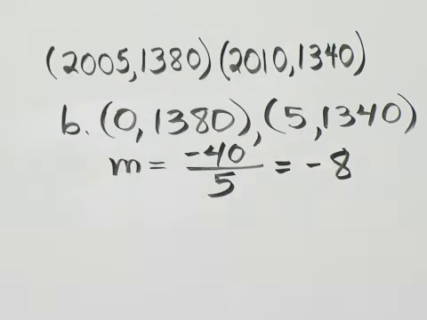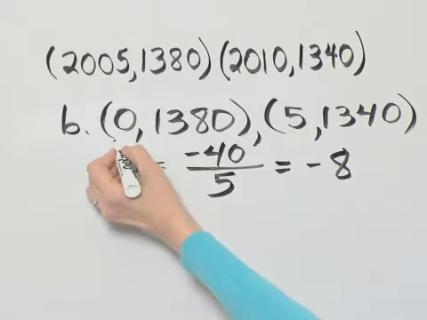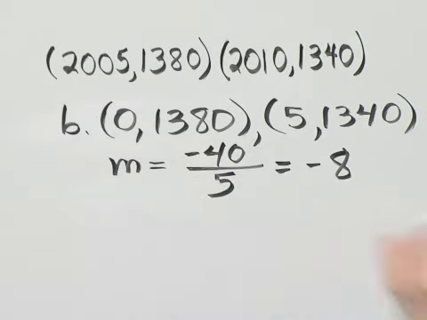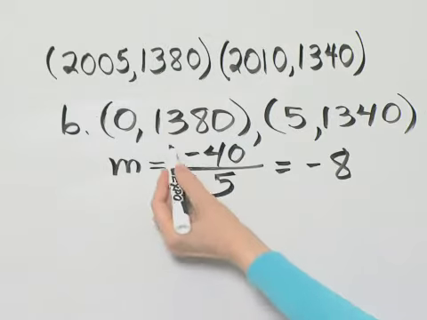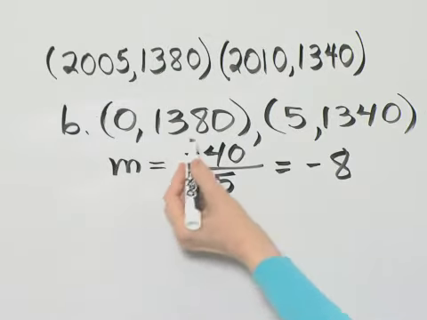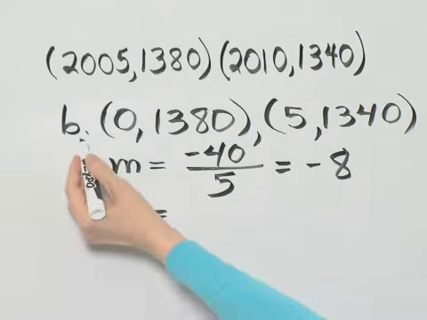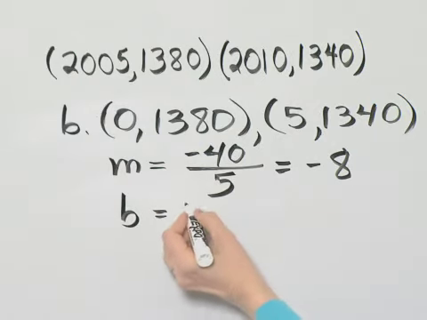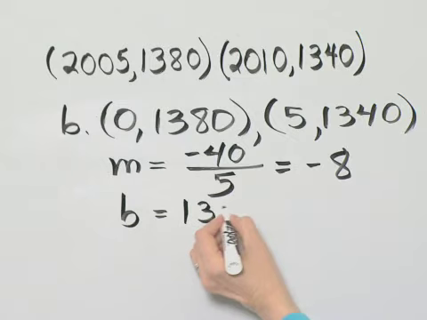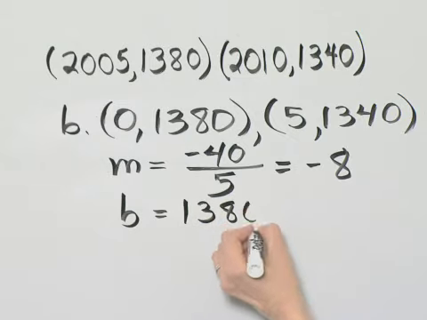Now we can use the point-slope form or the slope-intercept form. It's up to you. Notice this happens to be the y-intercept. Since it is the y-intercept, can you see that what we call b, the y-intercept, is 1,380, and once again that's in millions.